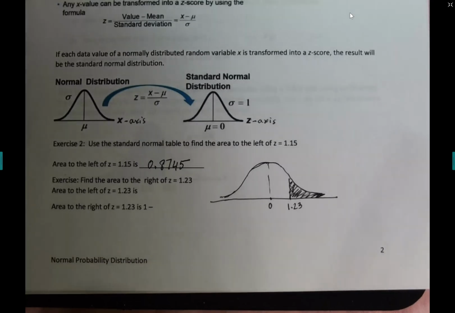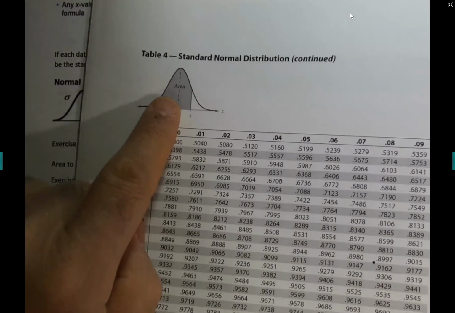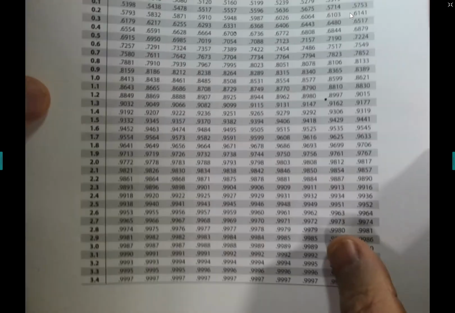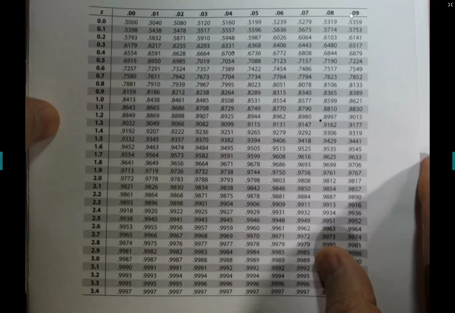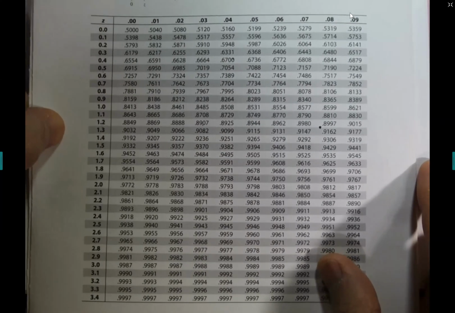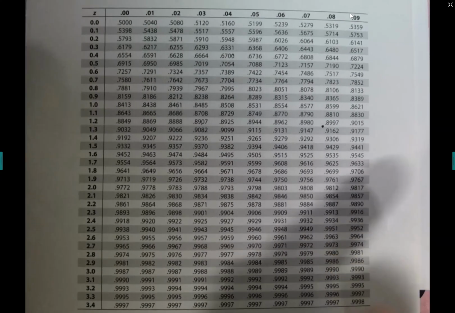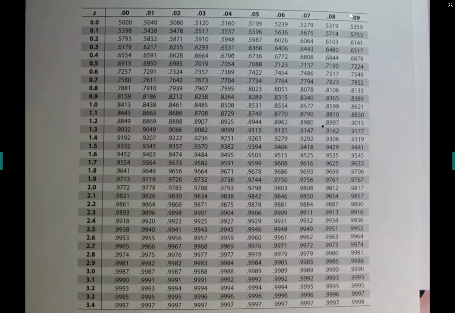Remember, guys, this table is designed to give us areas to the left. So this is 1.23. And what would you suggest? Any ideas?